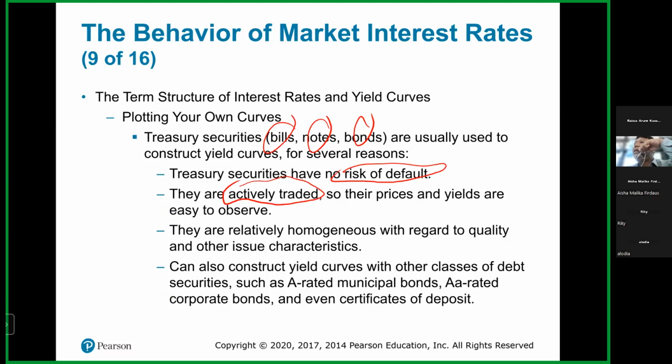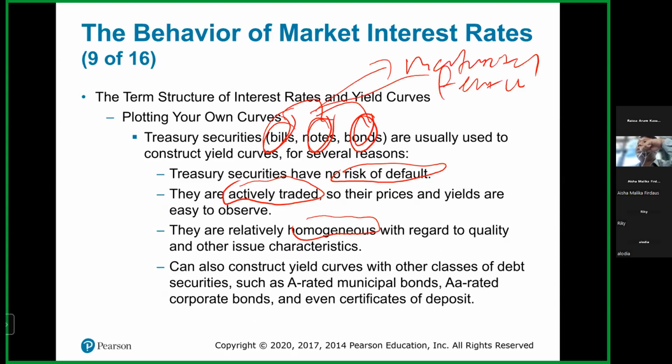They are also very actively traded in the market. They are relatively homogeneous with regard to quality and other issue characteristics. The difference between bills, notes, and bonds is the maturity and maybe some features. But the issuer is the government for all of them, so we don't see big differences between the securities.